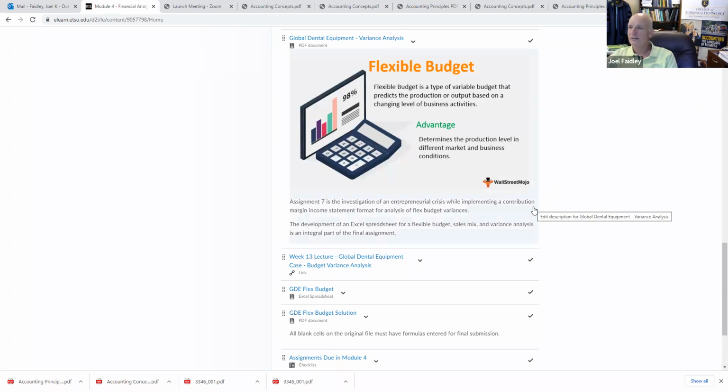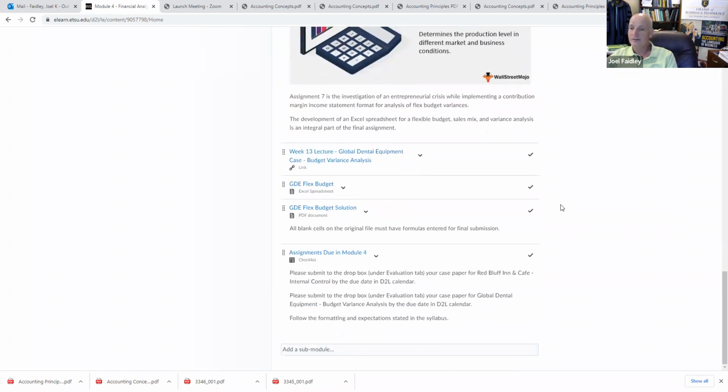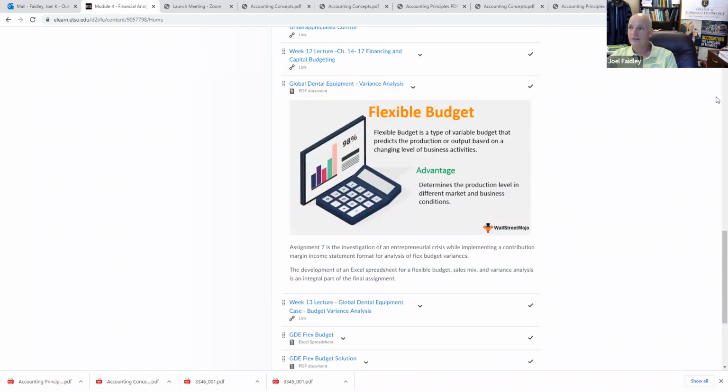And what a flex budget says is, if I got a 10% drop in revenue or a 10% increase in revenue, even after I have a budget finalized, how are you going to flex that budget to use it as a tool to manage and control your business? And that's what this section is about. Really good case.